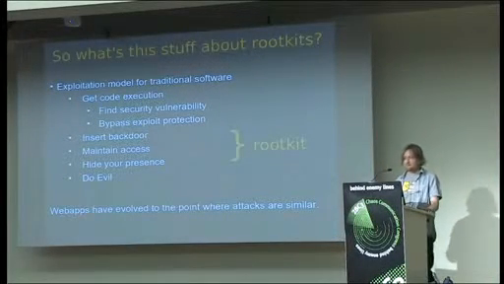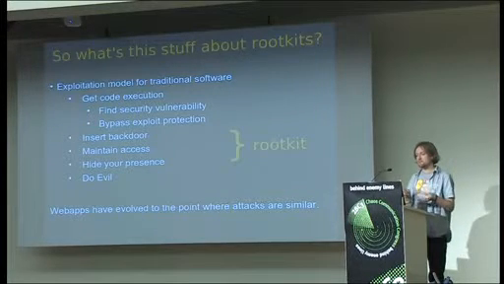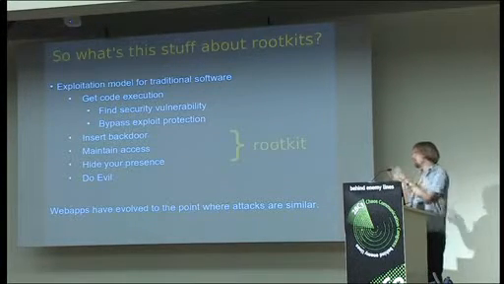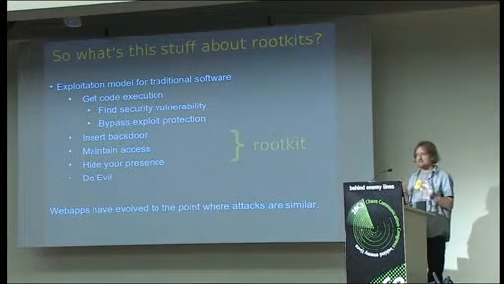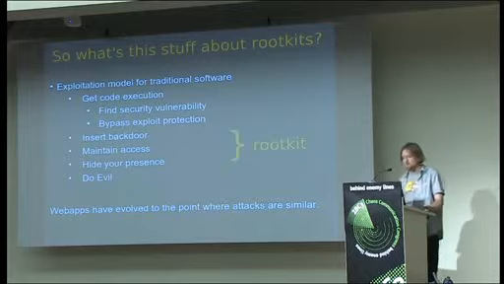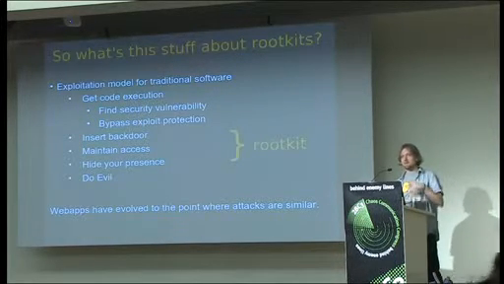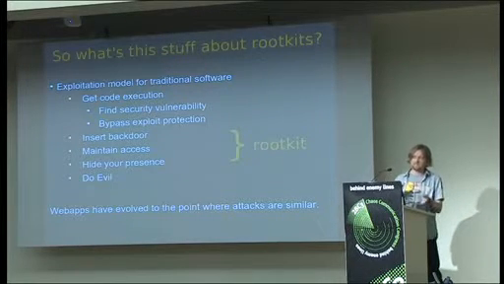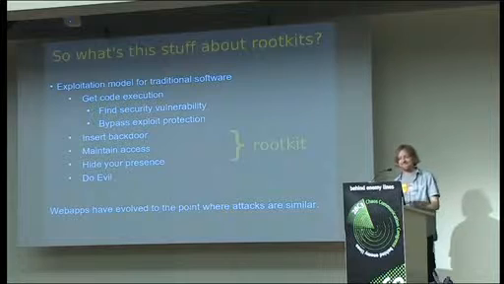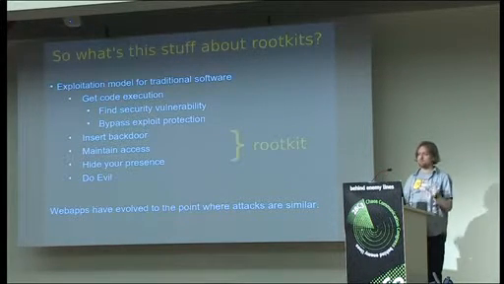And after you get to that point, you do the things, as malware, that I classified loosely as a rootkit, and we can talk about semantics later if anyone wants to. So stuff like inserting a backdoor to maintain access to the machine for an attacker and hiding the presence of the attacker's processes on the machine.